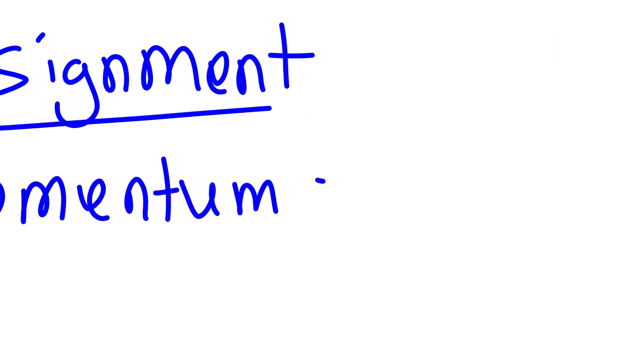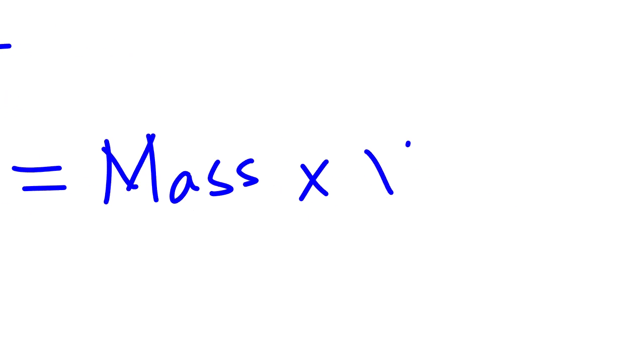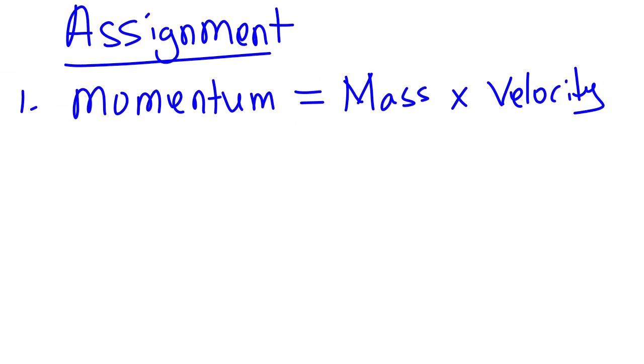The formula of momentum is equal to mass multiplied by velocity.